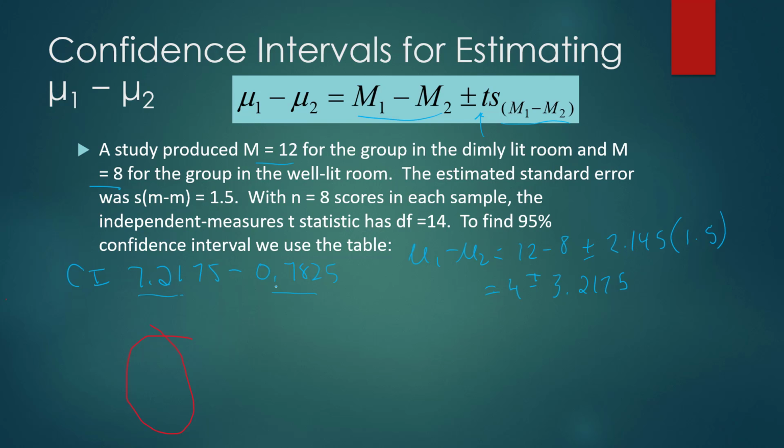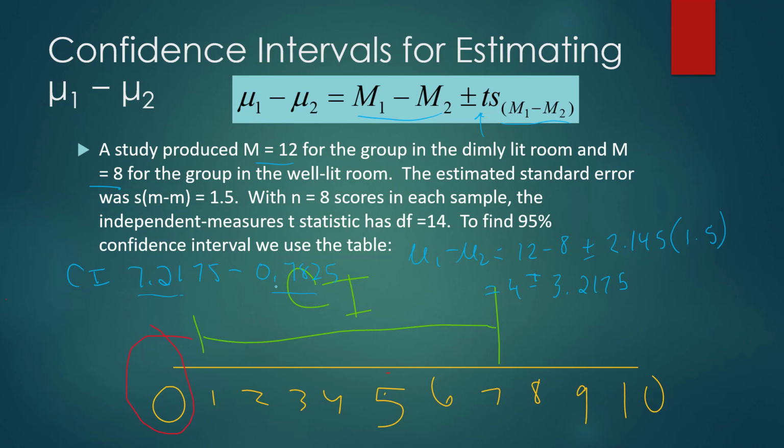If we put that on a number graph, we're going from a little bit below 1 to a little bit above 7.